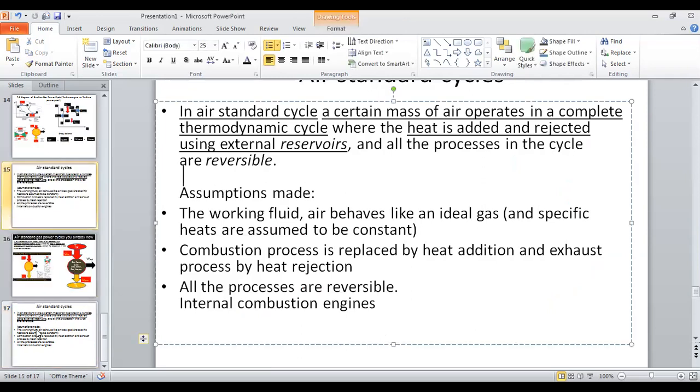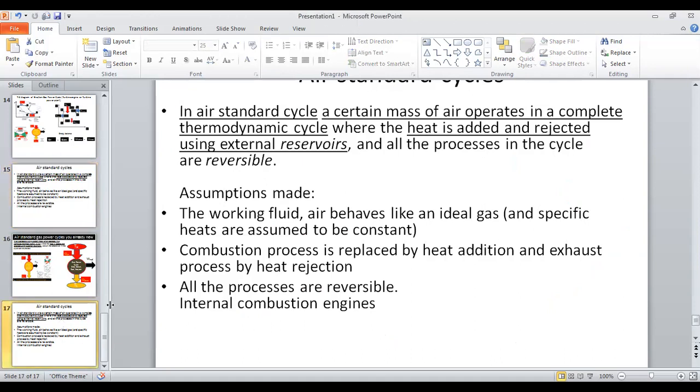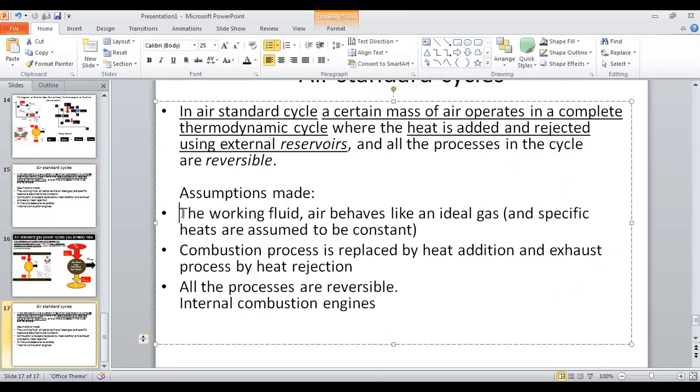So this is explained, and then if we look into the assumptions, the working fluid, you know this, is air. For air standard, it behaves like an ideal gas.